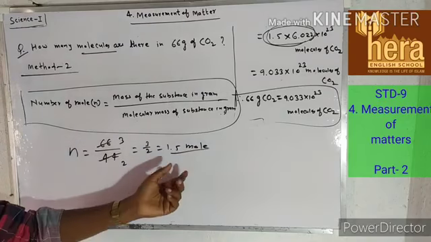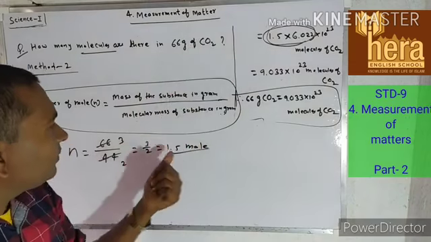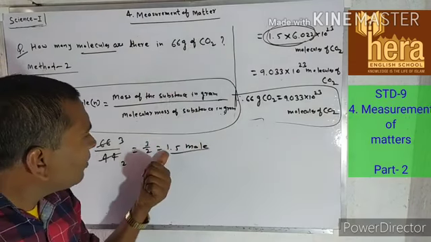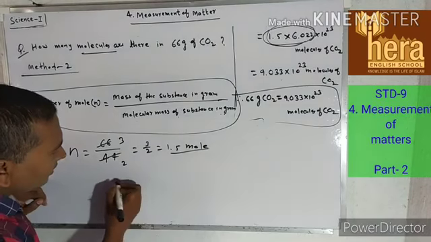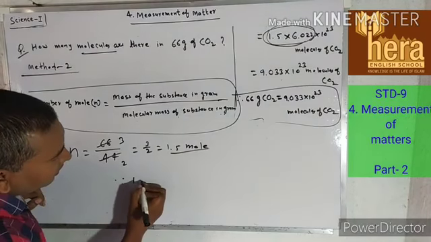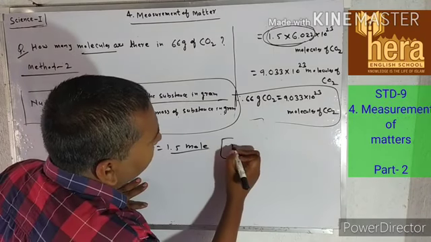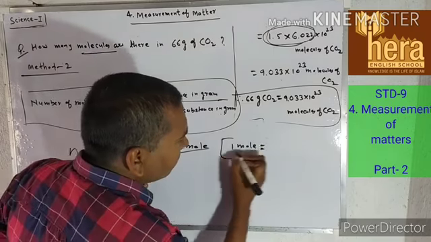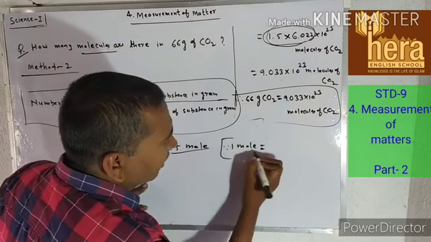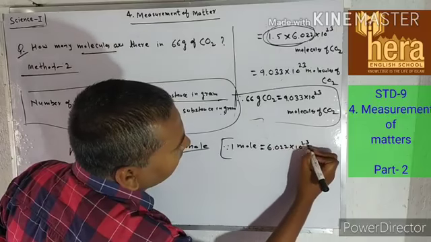Right? So 66 gram of CO2 is equal to how many moles? 1.5 mole. And we know that 1 mole is equal to how many molecules? 1 mole is equal to 6.022 into 10 raised to 23 molecules.